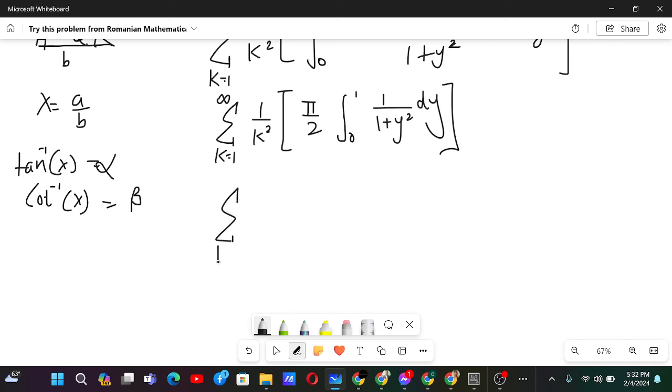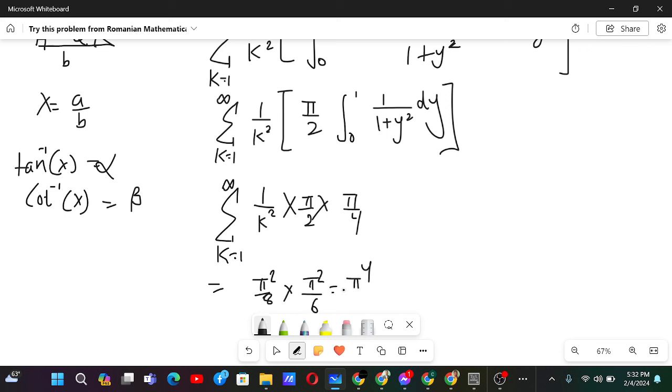So we have the sum from k equals 1 to infinity of 1 by k square times pi by 2, times tan inverse y from 0 to 1, so that's pi by 4 minus 0. Now pi square by 8 can be taken out, and this sum is just Riemann zeta of 2, so that's just pi square by 6, and that gives us the answer, which is pi to the power 4 by 48.